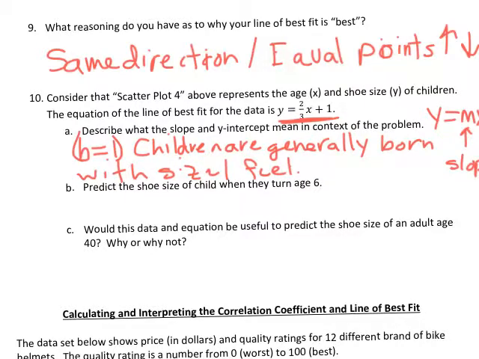Okay. What about the slope? The slope of 2/3. Yep. The rate at which their feet grow. So for every year that they are older, what's going to happen to their feet? It's going to be 2/3 of a size bigger, right?